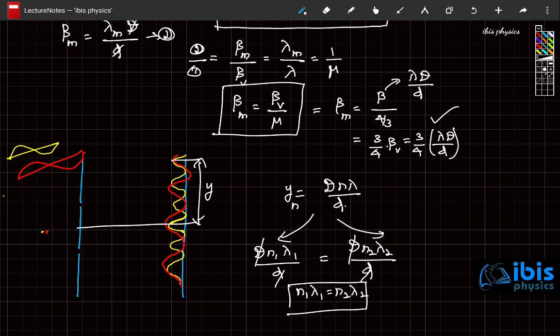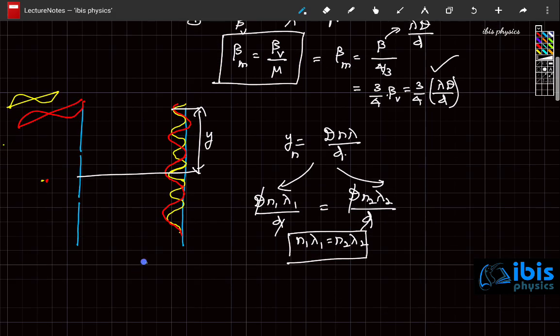If the wavelengths of, let us say, two lights are used, when they use a 5000 angstrom wavelength, and let us say the 10th bright fringe coincides, and if you use a 7000 angstrom wavelength, how many fringes are there in the same position? So use n1 λ1 is equal to n2 λ2. We don't know n2, let us find that out.